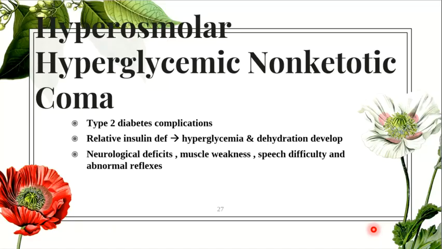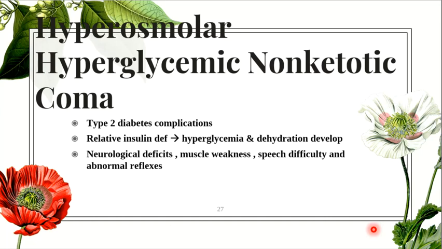next acute complication was hyperosmolar hyperglycemic non-ketotic coma. So that is the counterpart of DKA, and this complication is seen in type 2. There is a relative insulin deficiency which is leading to hyperglycemia, and dehydration develops. The affected individual will have neurological deficits, muscle weakness, speech difficulties and abnormal reflexes because of the excessive glucose.